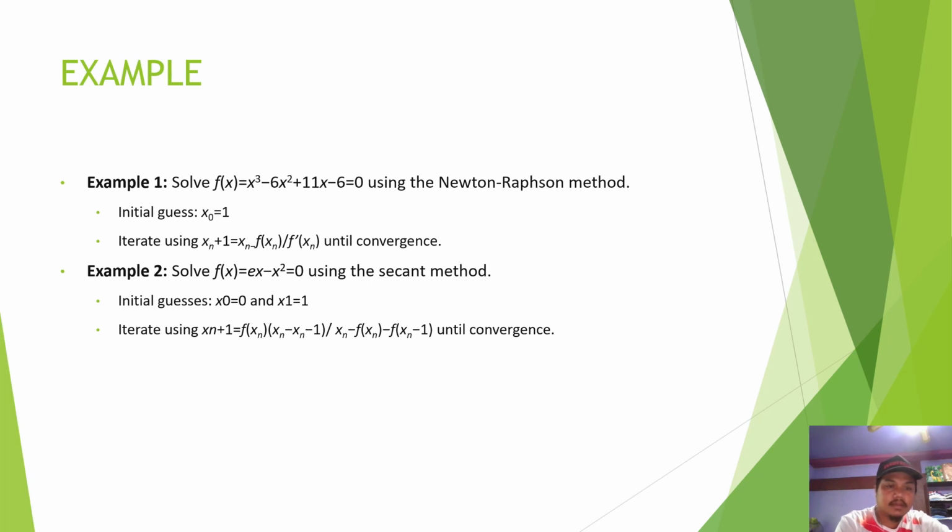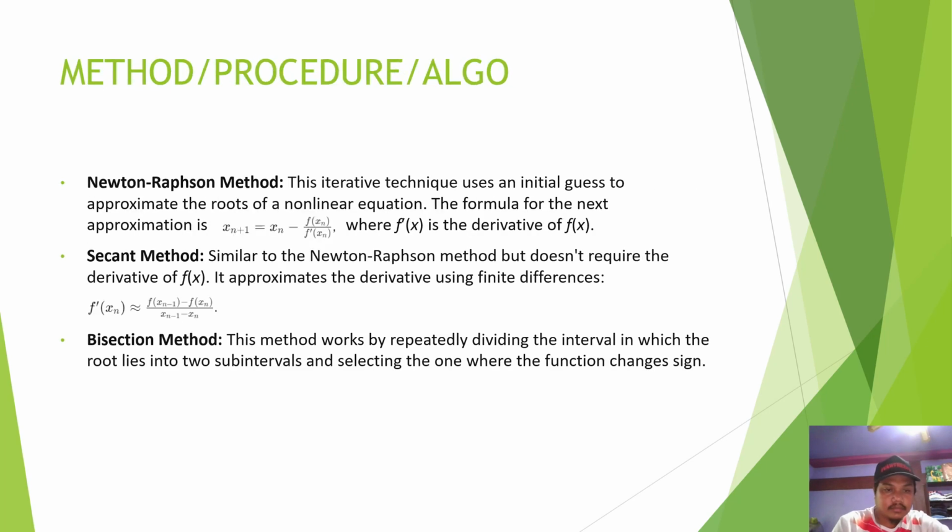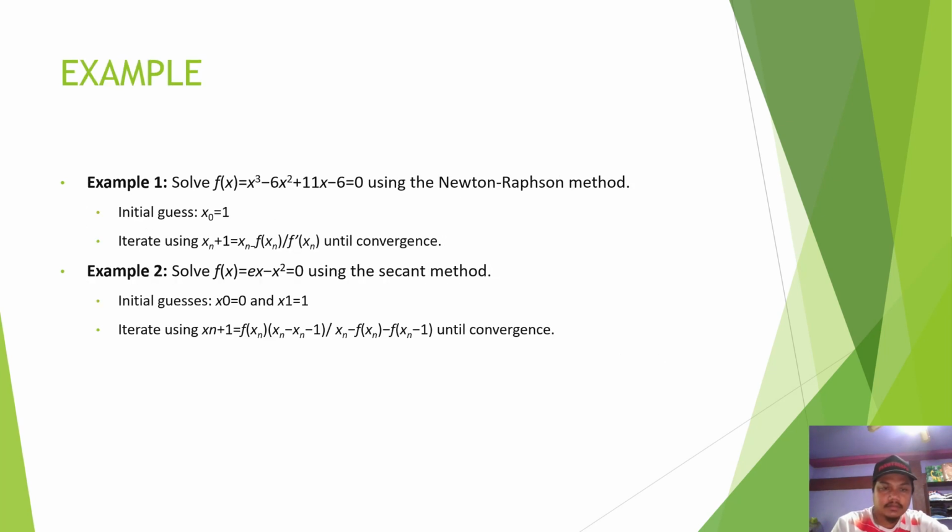Iterate using x sub n plus 1 equals x sub n minus f of x sub n over the derivative of f of x, which is f prime of x, until convergence. That's number 1.